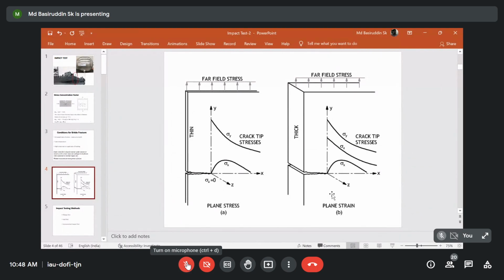In certain cases you will find that if someone is able to measure the crack growth rate which happens under brittle fashions, you will find that the crack growth generally happens at a rate similar to the rate of sound velocity.